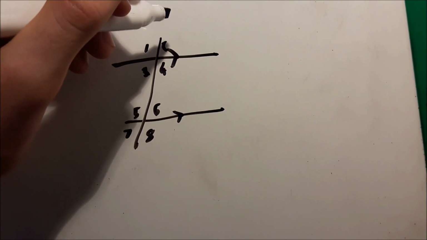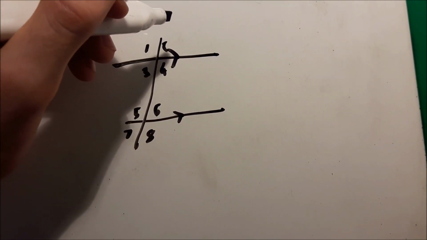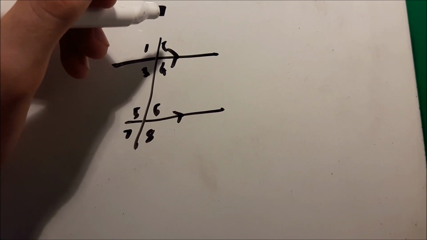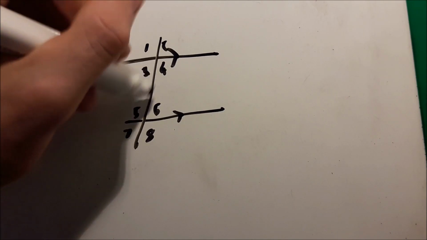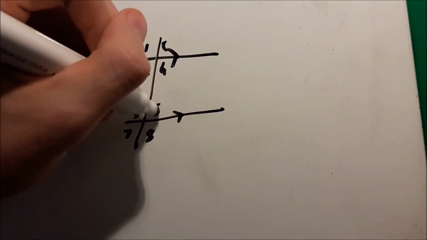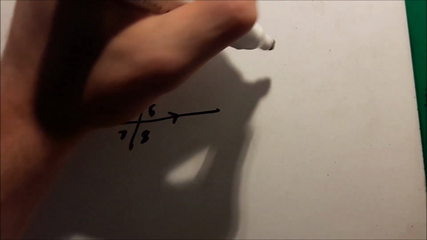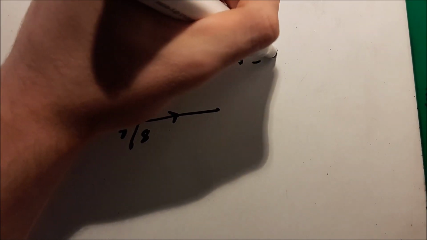Now we can tell a few things from this. We can say that angle 3 and angle 6 are equal to each other. So 3 is equal to 6.